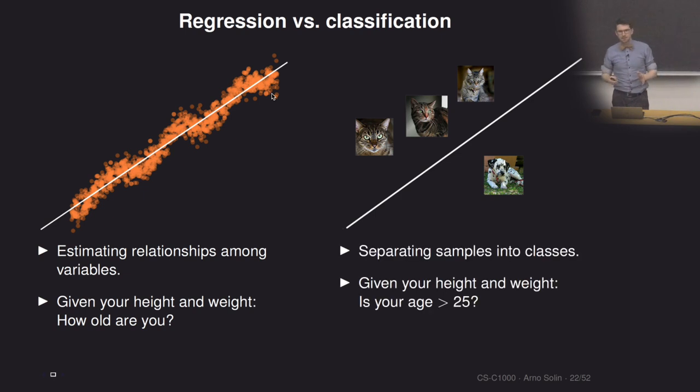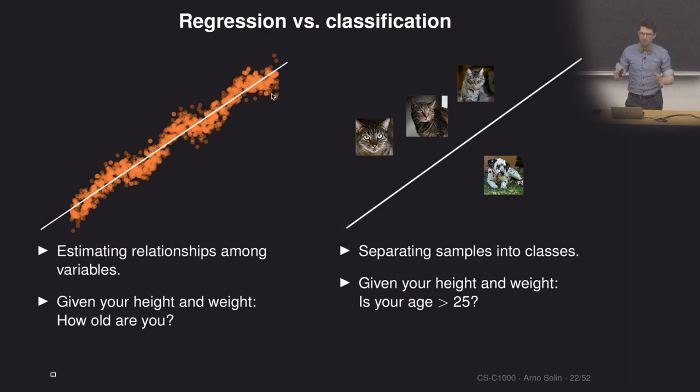Classification typically tries to separate samples into classes, trying to draw lines between inputs. Stuff on this side belongs to one class and stuff on this side belongs to some other class. That's easier said than done, especially if we talk about images.